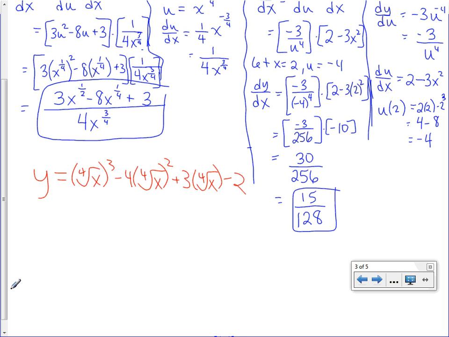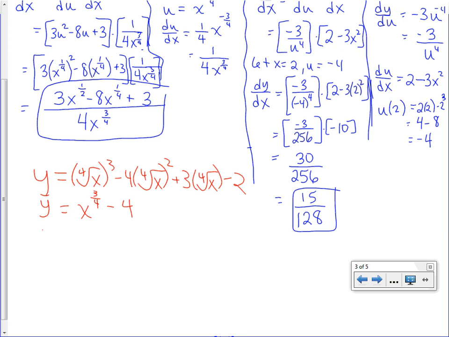Just to give you the idea, you don't have to write this. If I said you had to take the derivative of this right here, what would be your first go-to? Rewrite it, and so x would be raised to the 3/4. You have to be careful here.